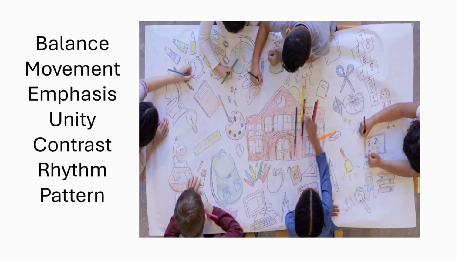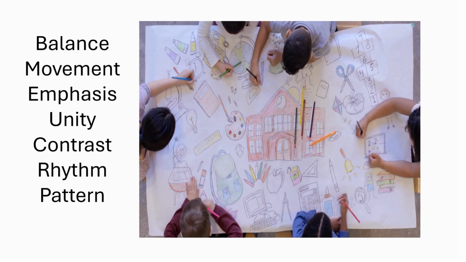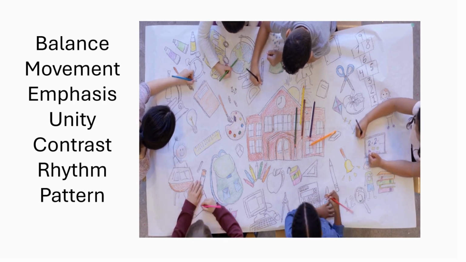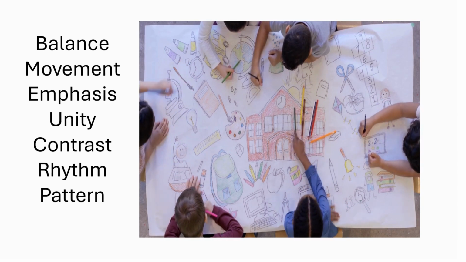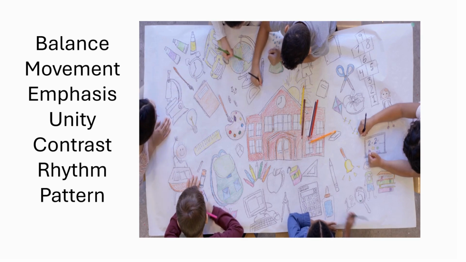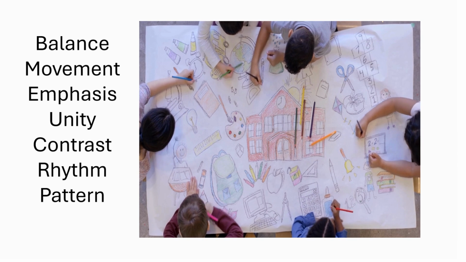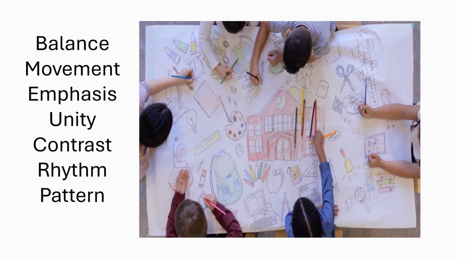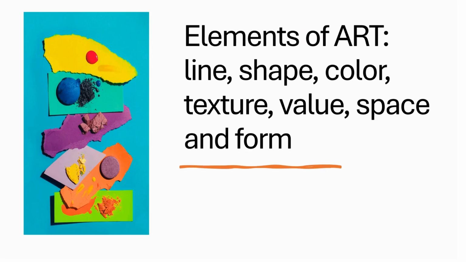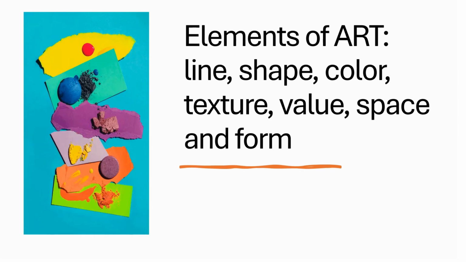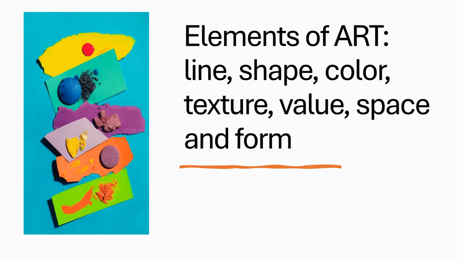There are 7 principles of design: balance, movement and emphasis, unity, contrast, rhythm, and pattern. They are the ABCs, or the math facts, in visual art. The principles of design organize the elements of art.